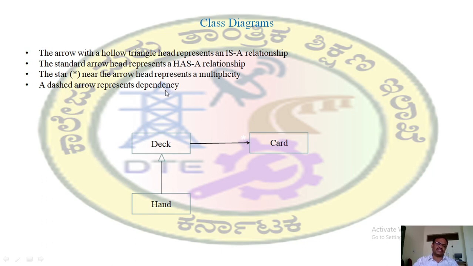So this is how we can represent the classes. The arrow with a hollow triangle head represents the is a relationship, the standard arrowhead represents a has a relationship, and the star near the arrowhead represents a multiplicity.